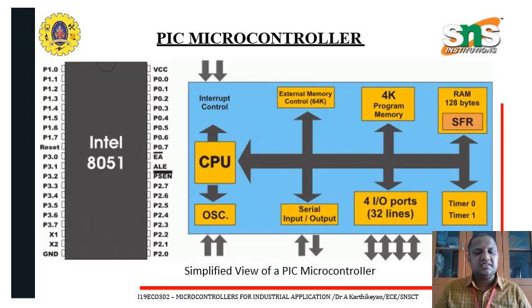Here we take the 8051 microcontroller. We have 40 pins, from pin 1 to pin 40, with VCC, ground, output port, input port, memory units, and reset port. Everything is available. This is the simple view. Mainly we have the oscillator, CPU unit, external memory unit and program memory unit, RAMs, and serial input output ports.